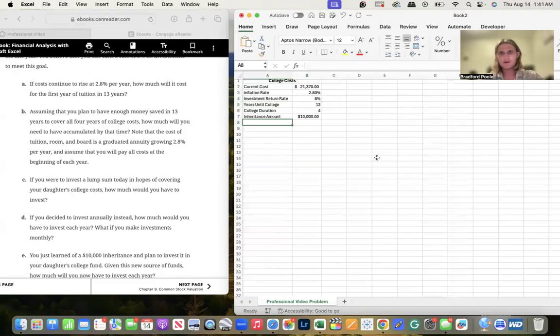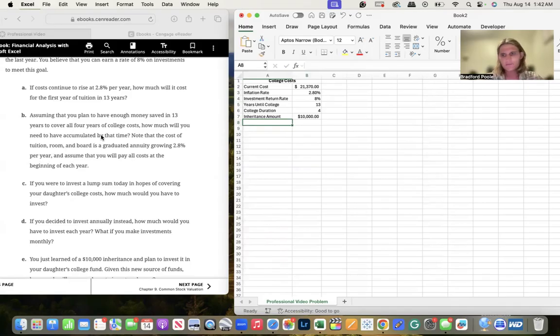All right, so we're gonna calculate the first year right here. It's gonna ask us how much it'll cost for tuition for the first year in 13 years. So we are going to want to use the future value.